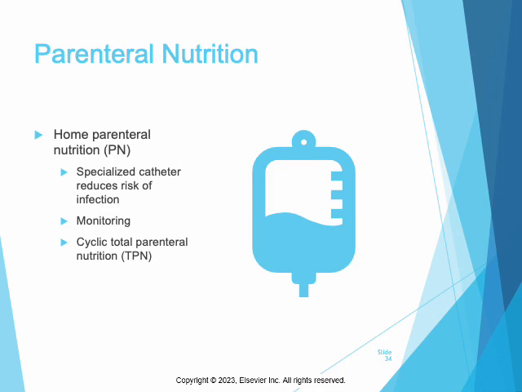Sometimes, if the GI tract is functional, home parenteral nutrition is administered only on selected nights per week, and this is to supplement the oral intake that they already are provided. This is an expensive alternative, but it does cost less than hospitalization, and it allows the patient to be discharged sooner, and in many cases, it really helps them to resume a productive lifestyle.